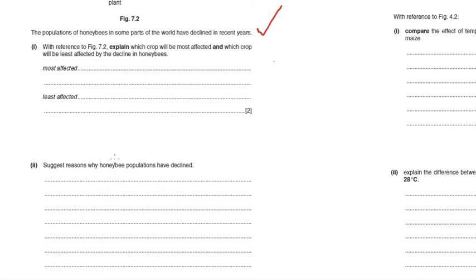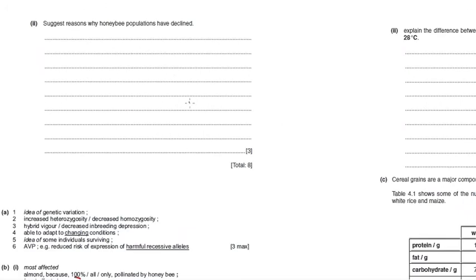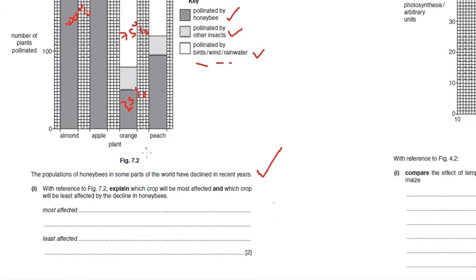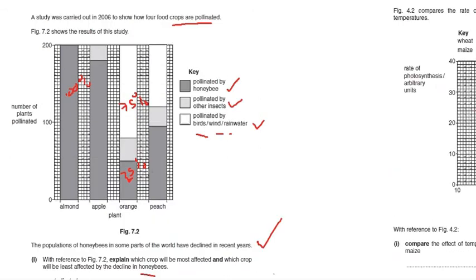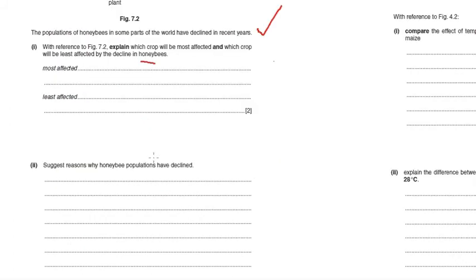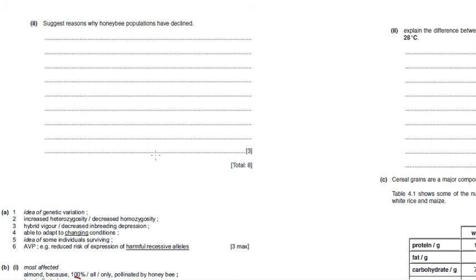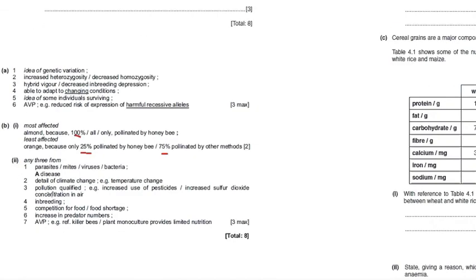And then: suggest reasons why the honeybee population has declined. There can be many reasons. Maybe there is increasing competition, there are more selection pressures, and an increase in predator numbers.